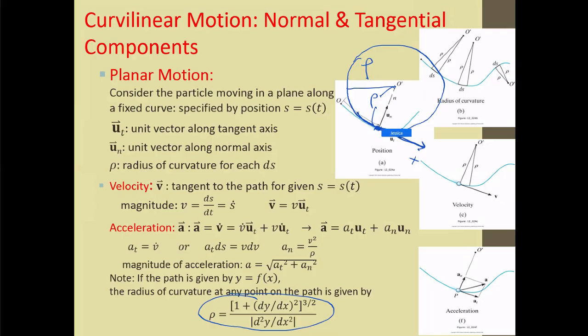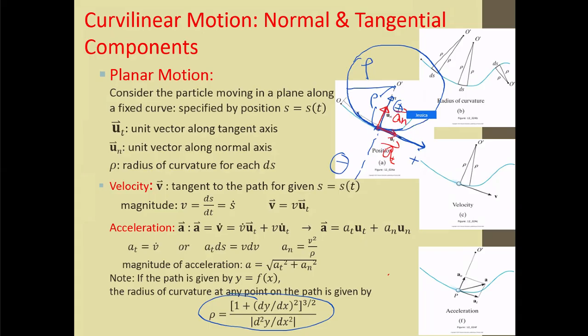So this is the normal axis, to the center. To the center is positive. Then outward is negative. Okay? Keep that in mind. Then tangential acceleration is along the tangent to the path. This is tangential acceleration, a sub t. Normal acceleration is to the center, a sub n.